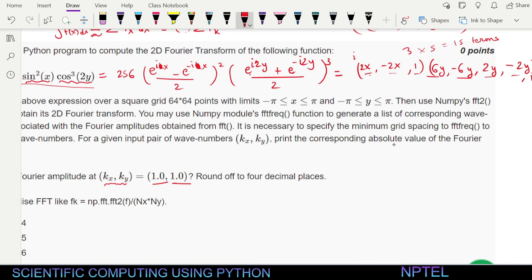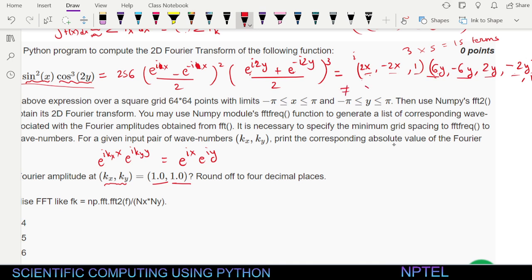For example, the first term will have e to the power i 2x and i 6y, but what we want is e to the power i kx x and e to the power i ky y, which is just e to the power ix and e to the power iy, which is not there, right?